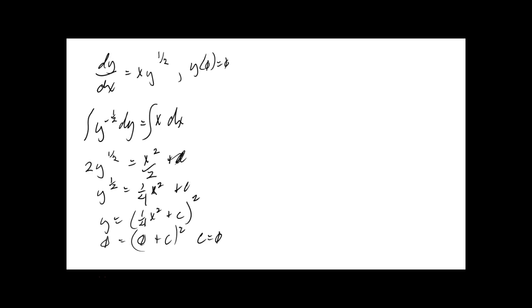Now, squaring both sides is always a dangerous thing to do. The reason is you may introduce some extraneous roots. Now, from this line right here, but also from our original problem, that's the square root of y.